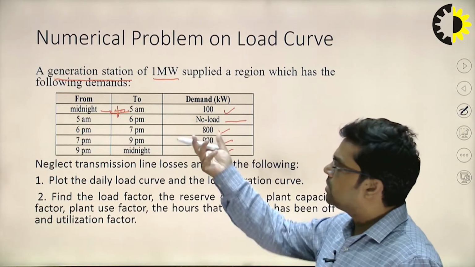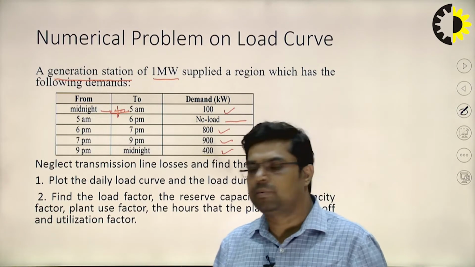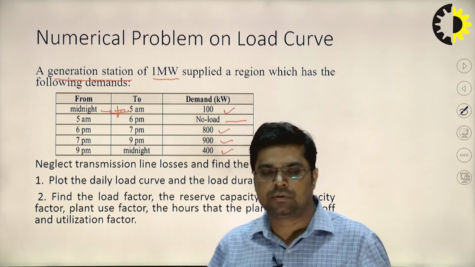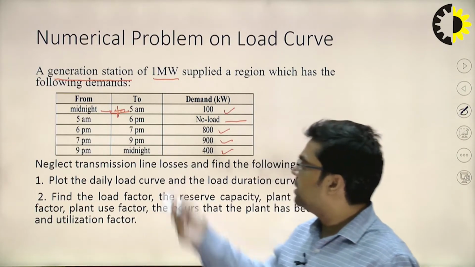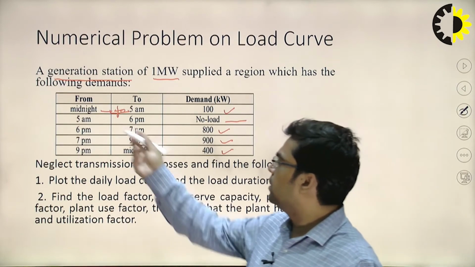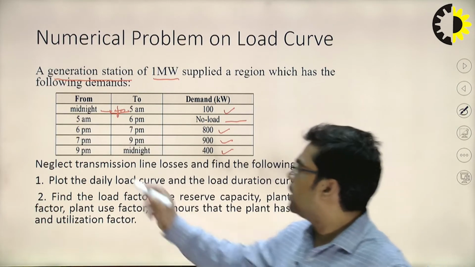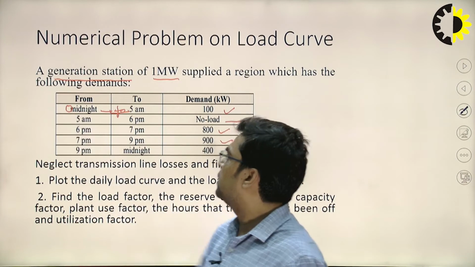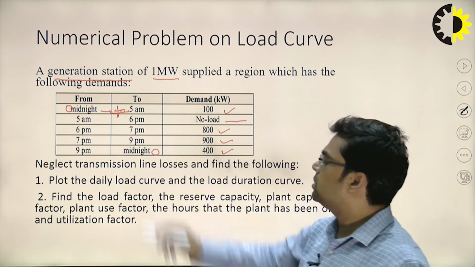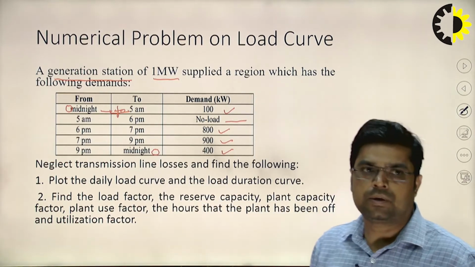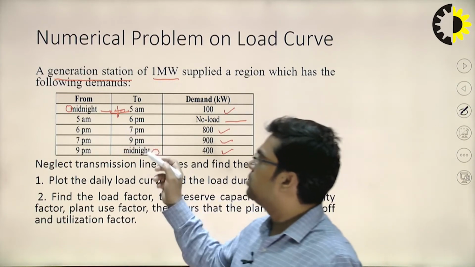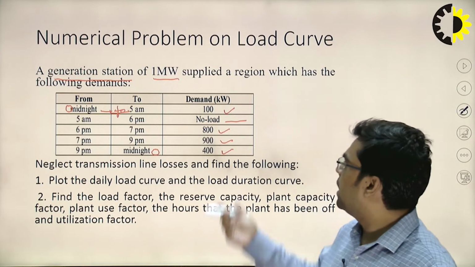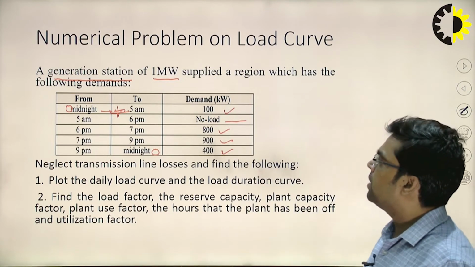From this data we have to evaluate whether this is a daily, monthly or yearly load curve. This is clearly shown in the table. The data starts from midnight and goes to midnight, so this data is taken for 24 hours, which means this is a daily load curve. This is the time sequence for one day, and this is the demand which varies from time to time.